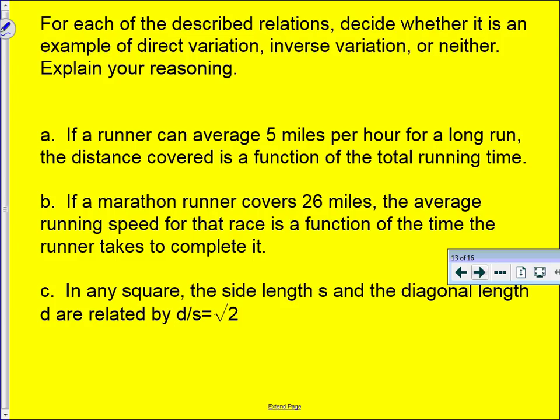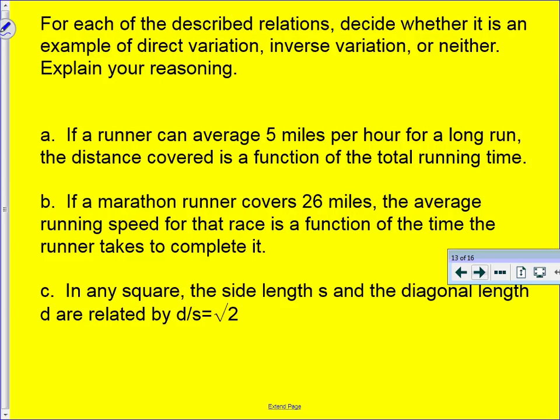So for each described relation, describe whether it is an example of direct variation, inverse variation, or neither. Explain your reasoning. If a runner can average 5 miles per hour for a long run, the distance covered is a function of the total running time.